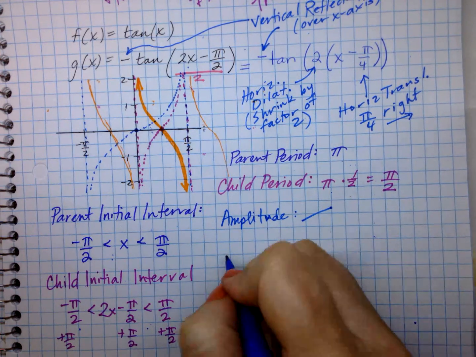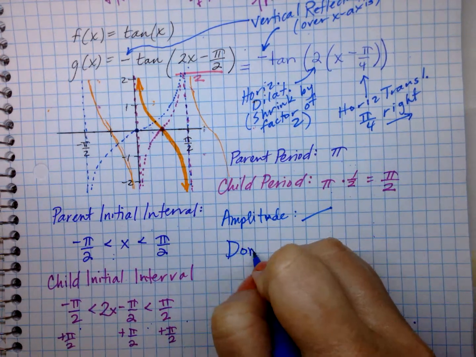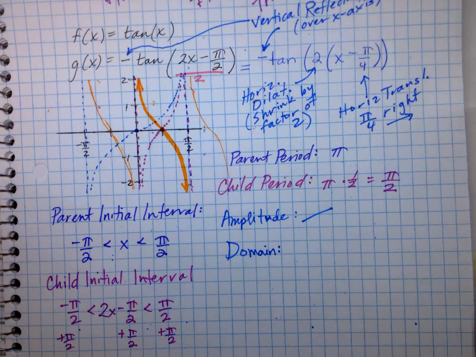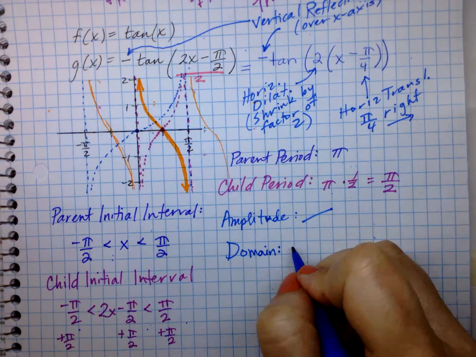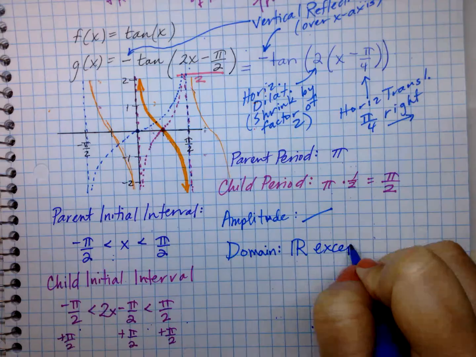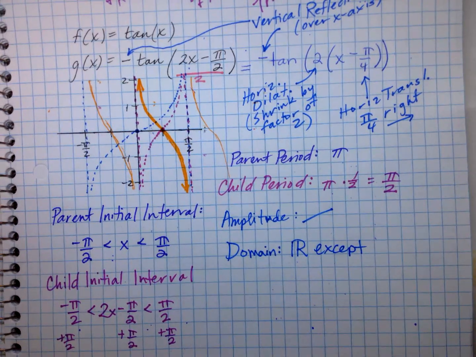What else do we talk about? Okay, we talk about the domain. On a tangent graph, to describe the domain, usually I say it's all real numbers except the places where the asymptotes exist.